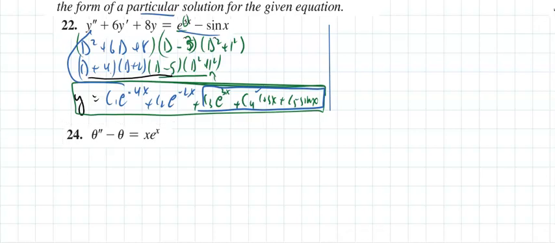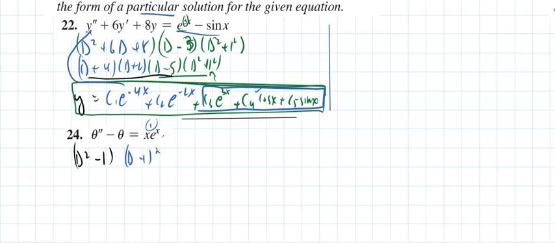And if I go for 24, if I apply the annihilation method, I will take d squared minus 1, and here I will take d minus 1, but 1 power less squared.